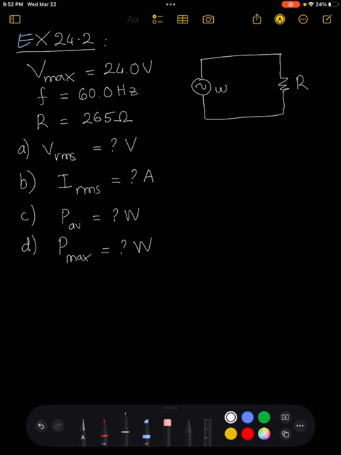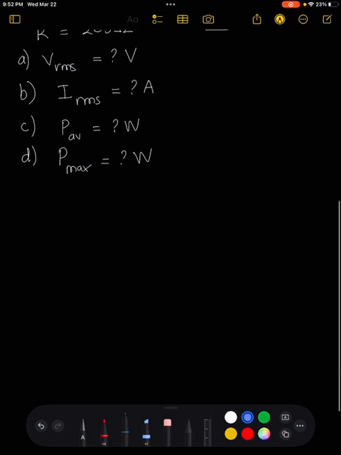Okay. So remember from the previous example, we had the relationship. Let me write in blue for solution. The relationship between Vrms and Vmax. So Vrms is actually 1 over square root of 2 times Vmax.